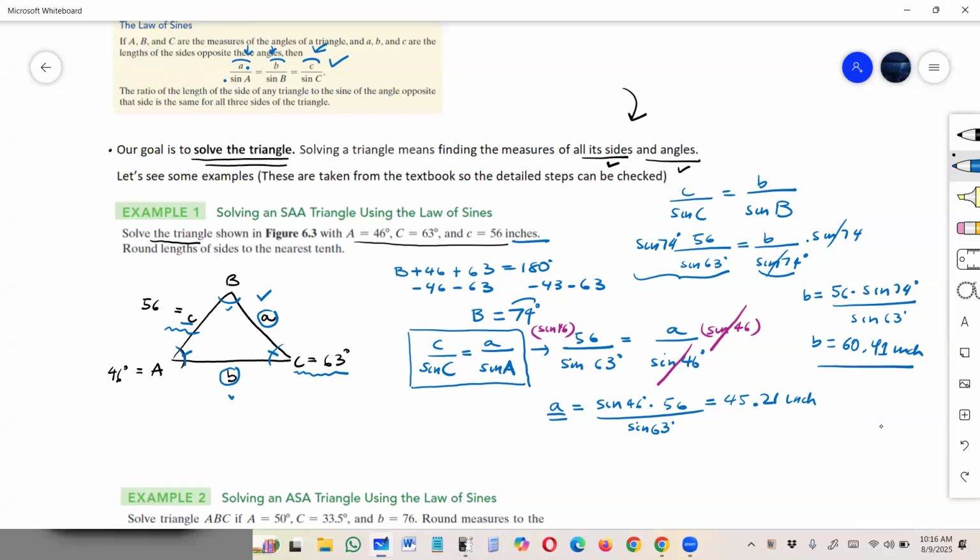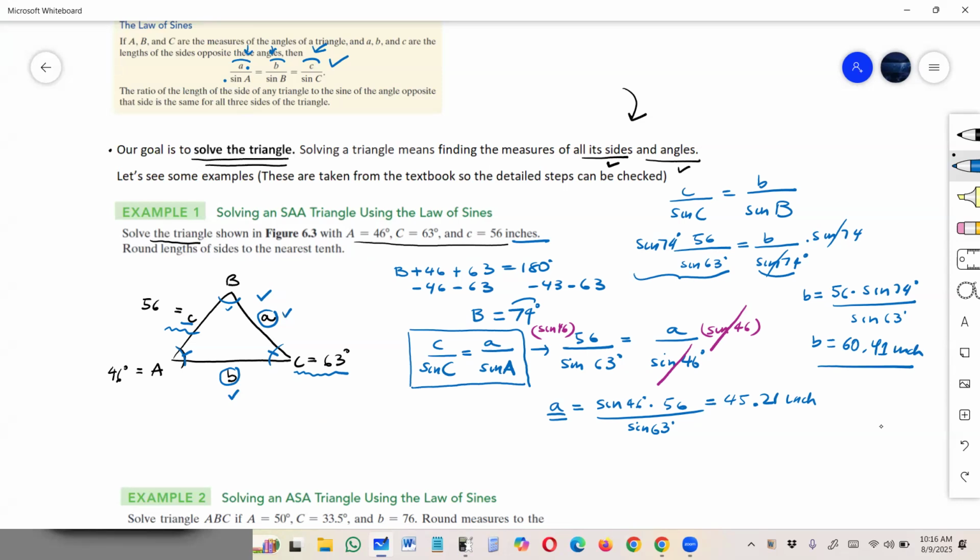And then we found everything. We found B, we found small b, and we found small a. We're done. Now it's important to notice, and this is going to come up later, especially when we do the ambiguous cases or the law of cosines, that the largest side has to be opposite to the largest angle.